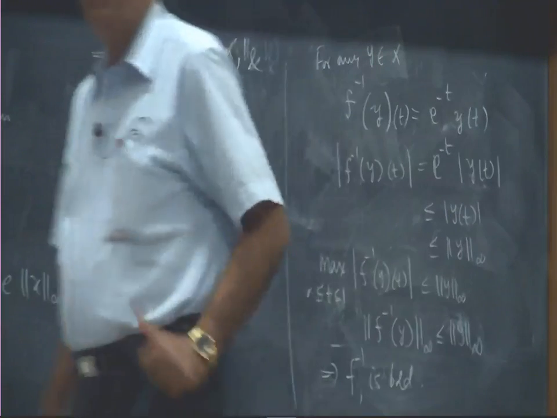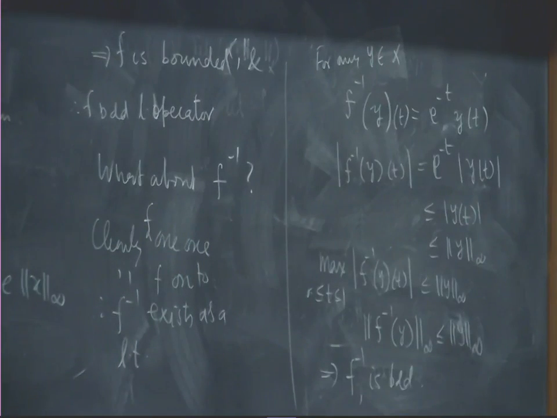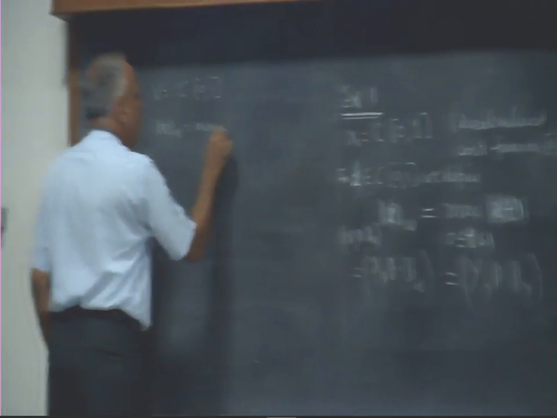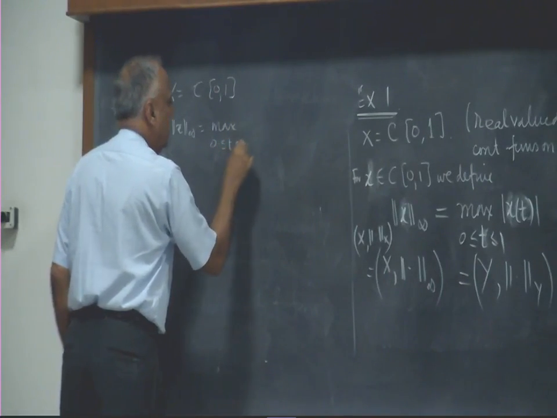Now I will give you another example. I will give you an easier example, so that we will do it next time. So let me now take X to be again C[0,1], again with the norm of x being the maximum of the modulus of x(t).